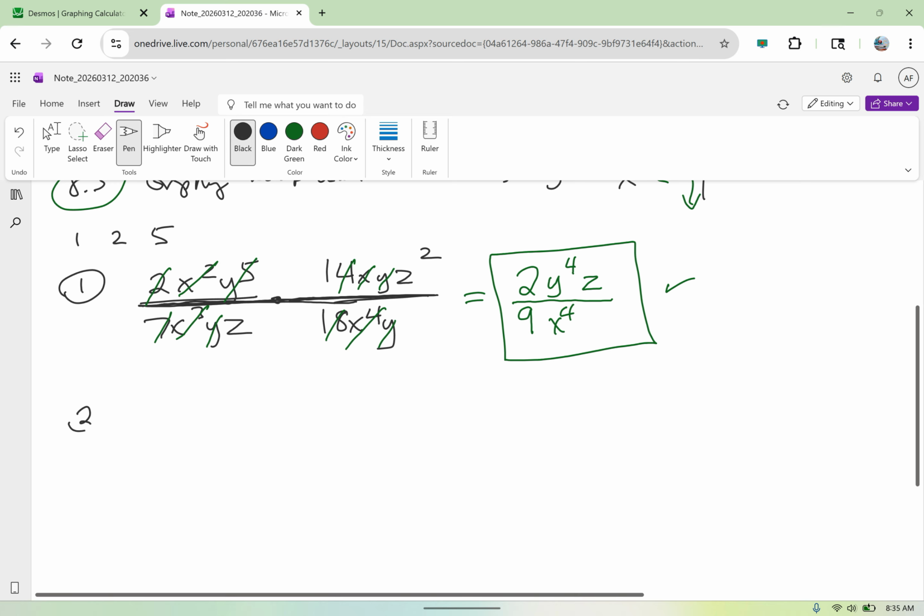Number 2. Number 2 is dividing. So remember, when we divide is to multiply by the reciprocal. So I'm going to write it directly as the reciprocal. So our first part, 24, a to the 4th, b to the 6th over.